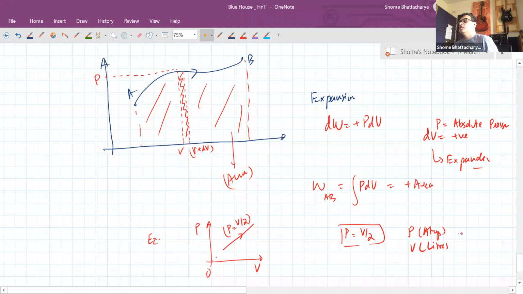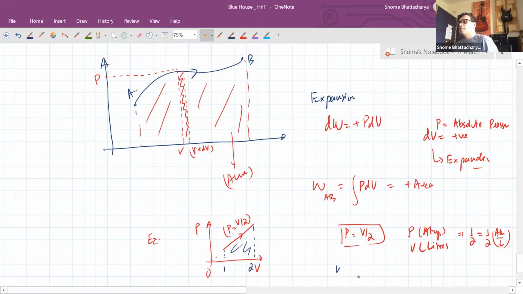So that constant half is actually half atmosphere per liter. Dimensionally it is like that. Okay. So now if I want to calculate the work done going from a volume of 1 liter to a volume of 2 liters, let's say.